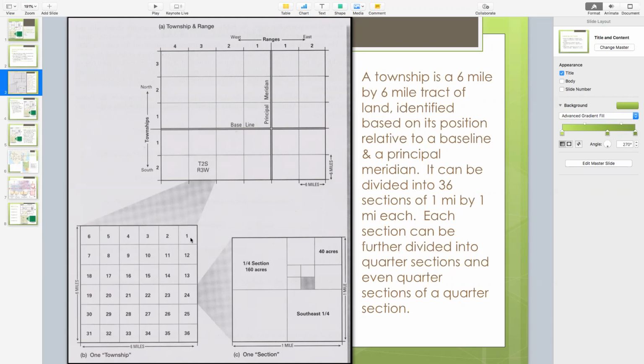And we label these 1-mile sections 1 through 36.